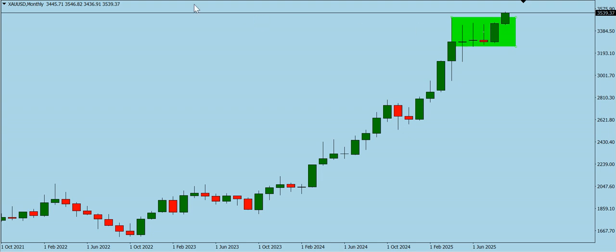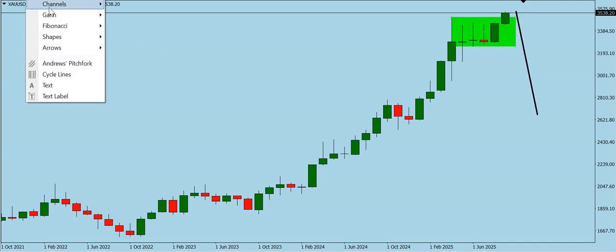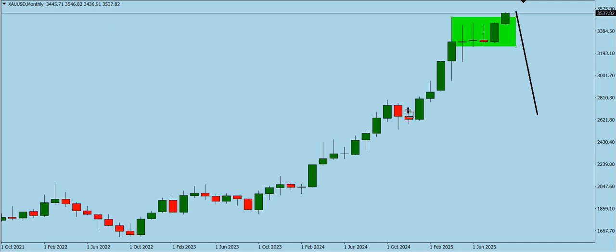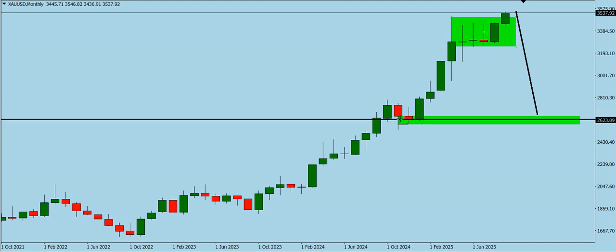Okay, but this might end up as a fake breakout, and we might see price dropping for us to have a long-term reversal. But if there happens to be a long-term reversal of price of gold, we have this particular order block where buyers are lined up at the 2623 area on the monthly time frame. This is the monthly time frame.